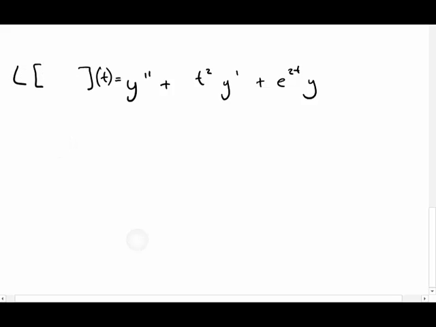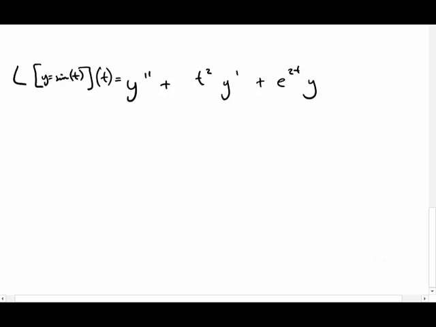This notation is a bit like f of x, yeah? f of x equals x squared, for example. When I put a value in, I just replace x with some value, so x equals 2, and this then becomes 4. Now I'm doing exactly the same, except I'm putting in a function instead of just a value.